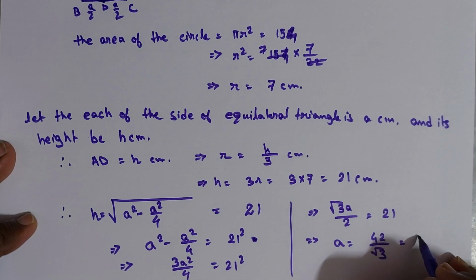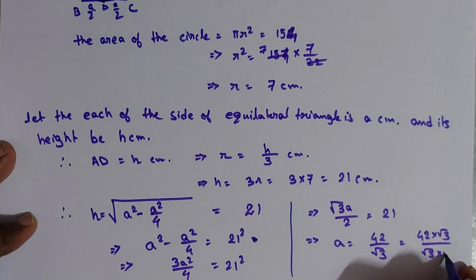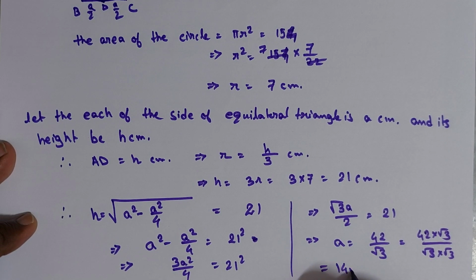So that is 42 into root 3 by root 3 into root 3. So that is 14 root 3 centimeter. Okay.